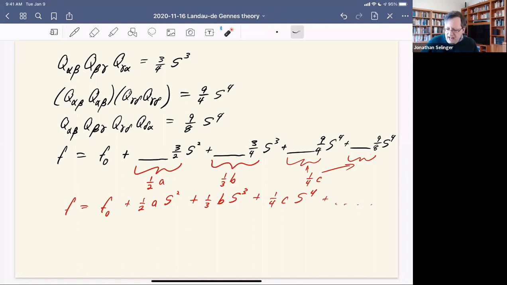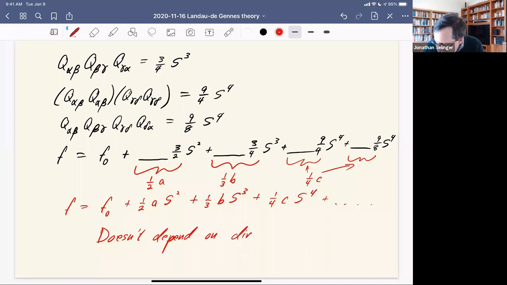The answer is, it doesn't depend on the direction. Here, I'll write that out. It doesn't depend on the direction, that is to say, on the director n. It is independent of n.